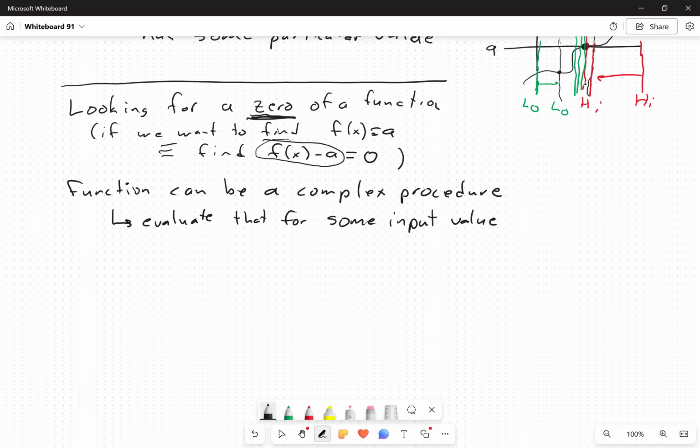Okay, so there's some input value, there's going to be some x. So this x that we have there, we have to be able to provide an input value, and then we get some output from that.